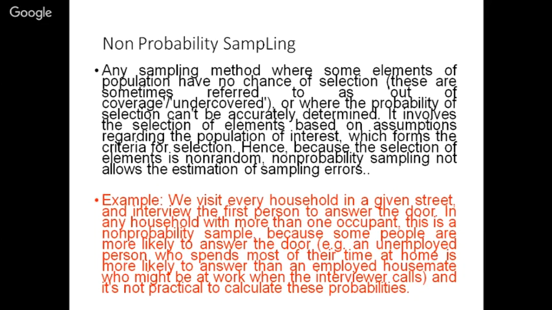An example is: we visit every household in a given street and interview the first person to answer the door. When we use this method, it is considered a non-probability sampling method.